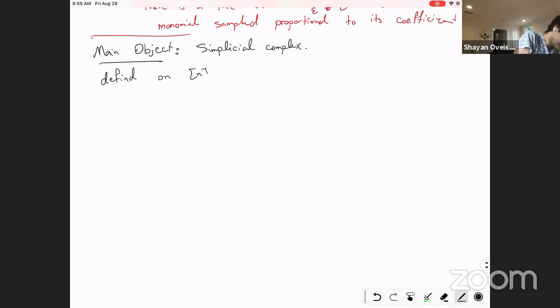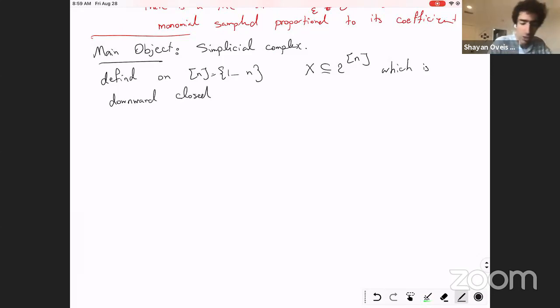Say we have a set of elements called 1 to n. And a simplicial complex, let's call it X, is a subset of 2 to the n, which is downward closed. So if you have a subset, you also have all subsets of that subset.